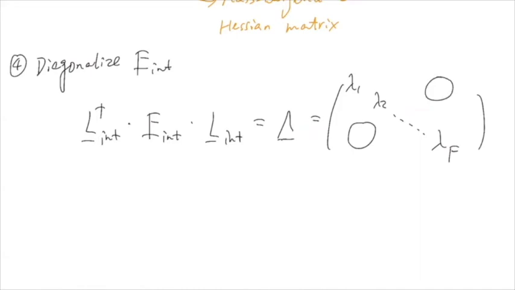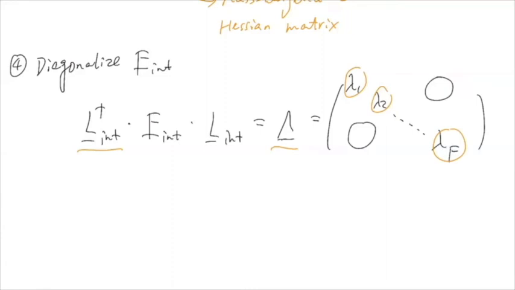Diagonalization means you do this transformation. Here this L, again, is the collection of the eigenvectors, right? This capital lambda, Greek letter capital Lambda, is a diagonal matrix. On the diagonal elements, you have the eigenvalues, right? You have f eigenvalues, where f is the number of internal degrees of freedom. And since it's a diagonal matrix, all the other elements are simply 0.